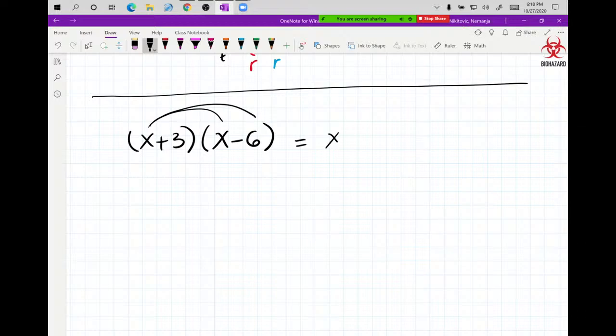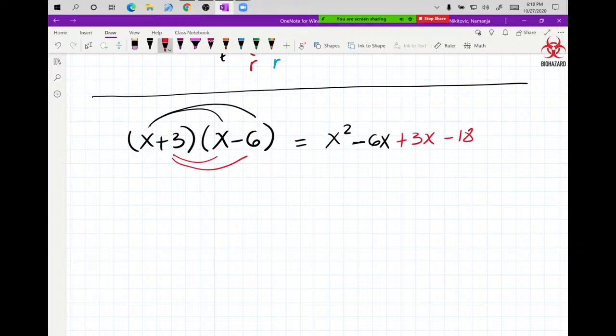So x times x is x squared, and x times negative 6 is negative 6x. And then distribute 3 into both, which is plus 3x minus 18, right? Positive 3 times negative 6 is negative 18.